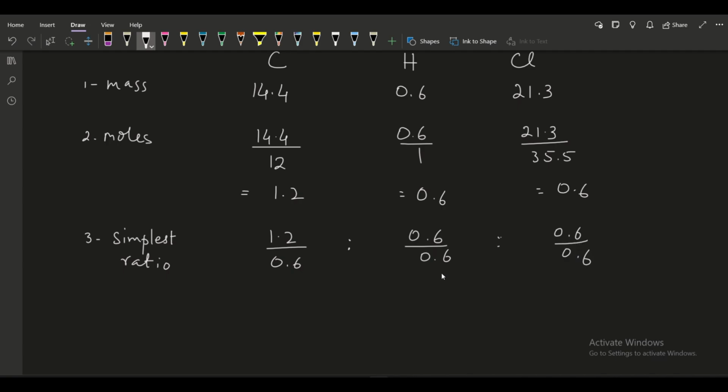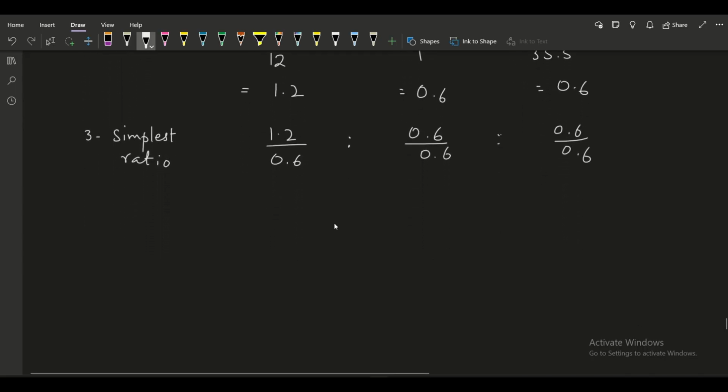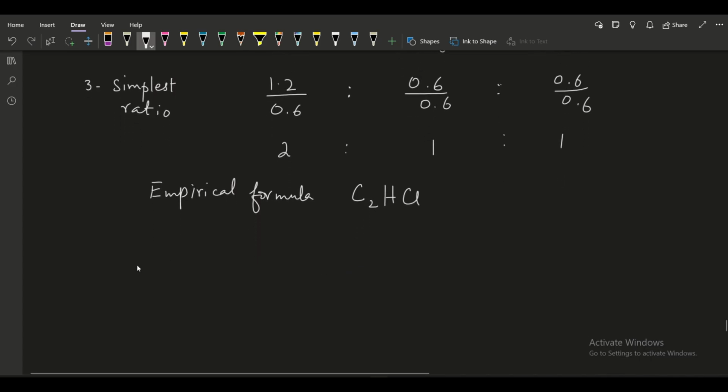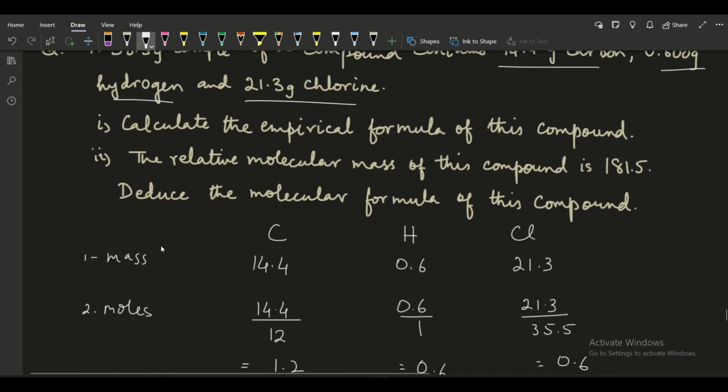When you divide it with 0.6, your answer would be 2:1:1, and then you will get the empirical formula, which would be C2HCl.